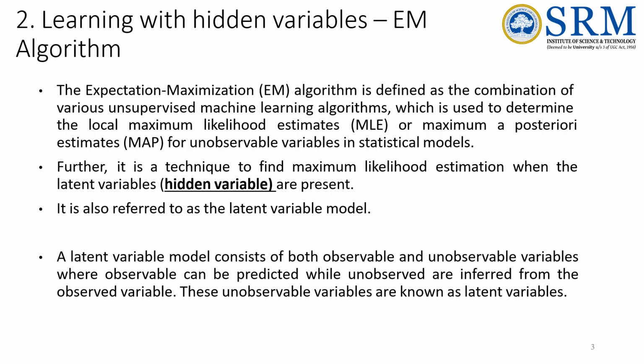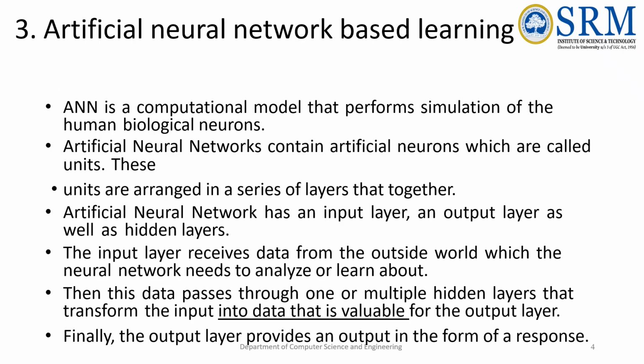Next, we will be moving to artificial neural network based learning. In short form, it is represented as ANN. It is one of the machine learning approaches inspired by the structure and functioning of the human brain. It consists of three different types of layers: input layer, hidden layer, as well as output layer.